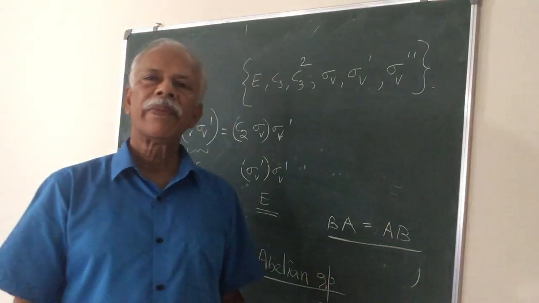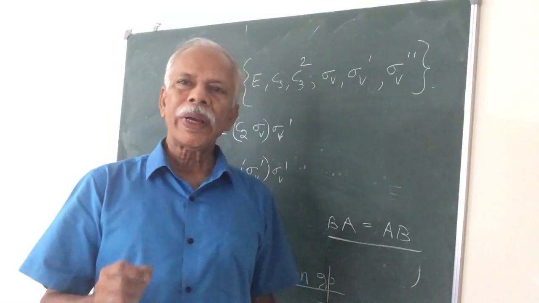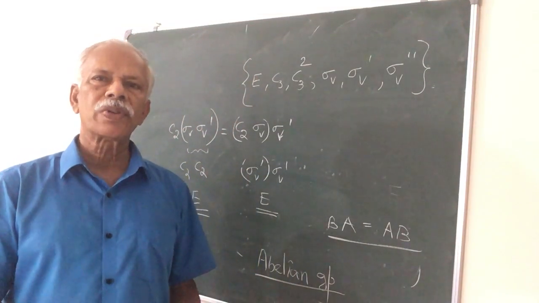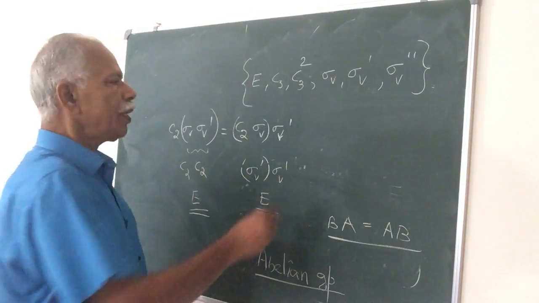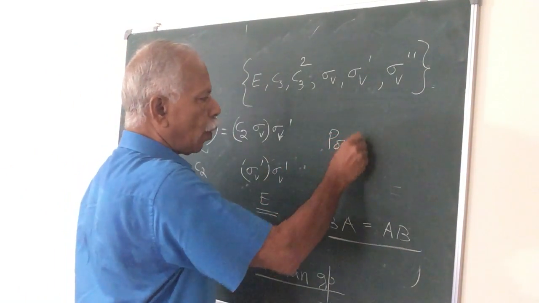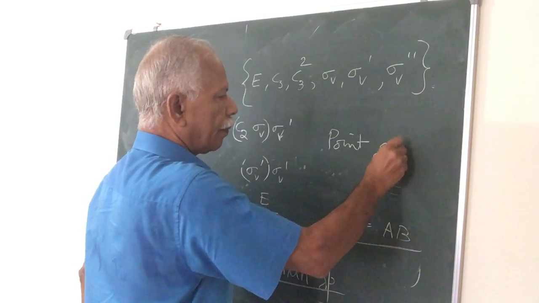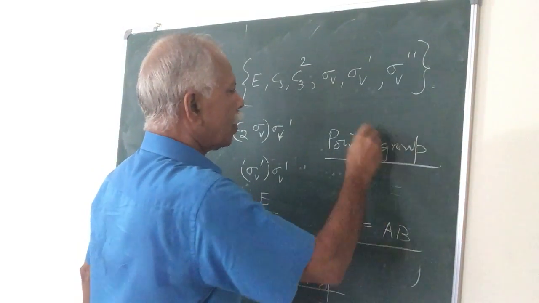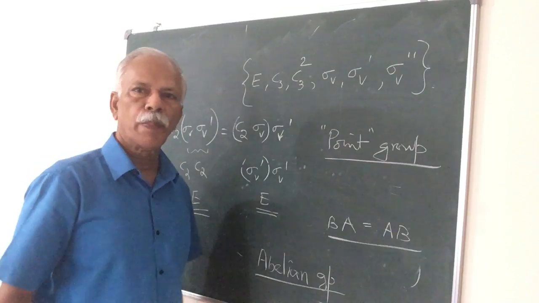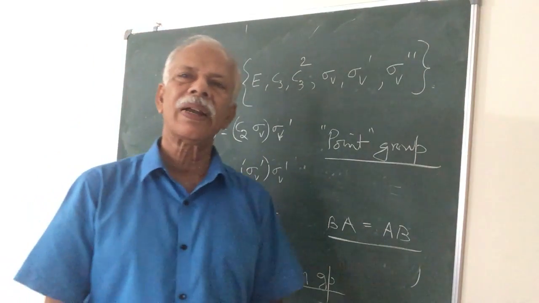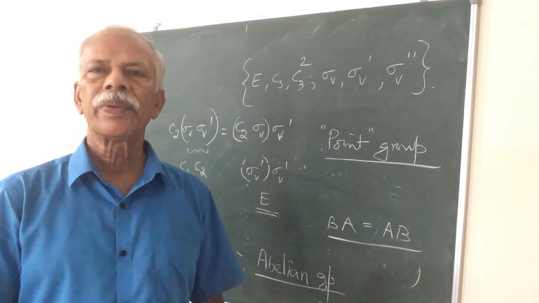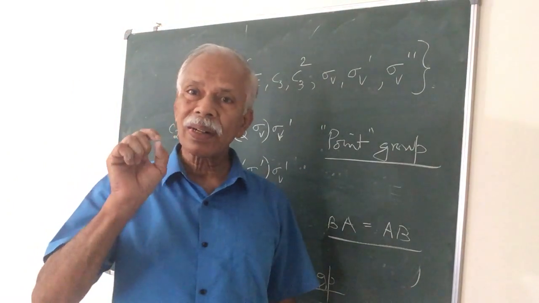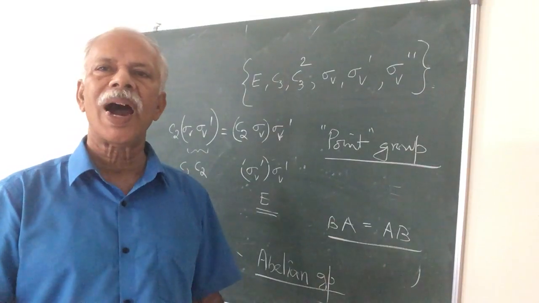One more point, molecular groups of symmetry operations are called point groups. We use the word point group. What is the importance of specifying this word point? It only says that when any operations on the molecule are done, at least one point remains unshifted.